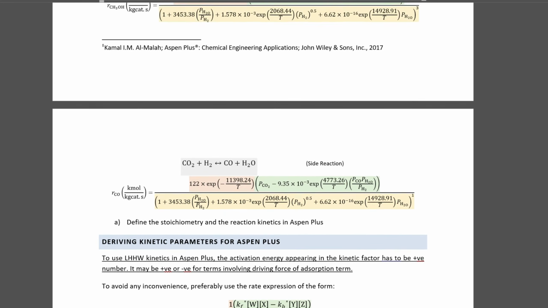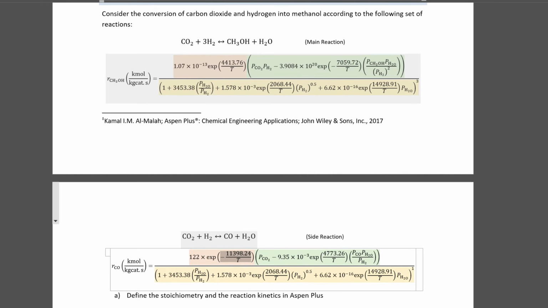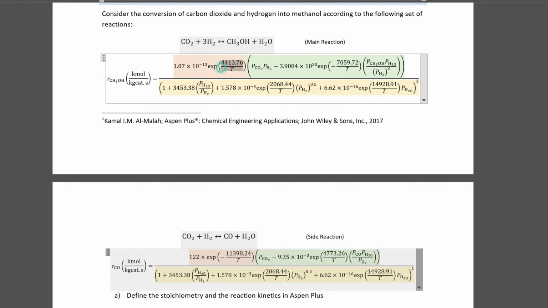That means the exponent should be negative in the kinetic factor. This is true in the case of the kinetic expression of the water gas shift reaction, where the exponent is negative, whereas the exponent of the main reaction is positive. That means the activation energy appearing in the kinetic factor of this expression is negative. That is not acceptable by Aspen Plus.